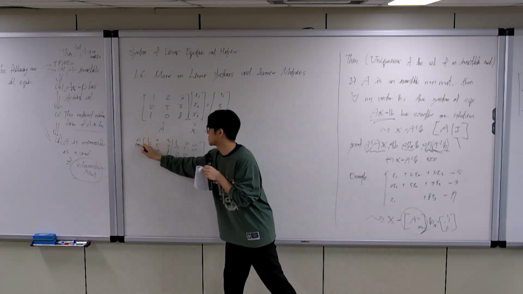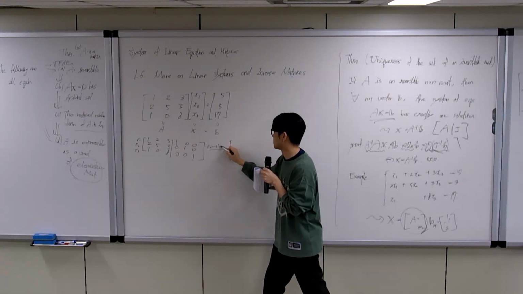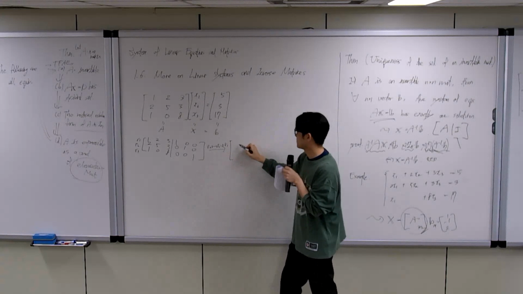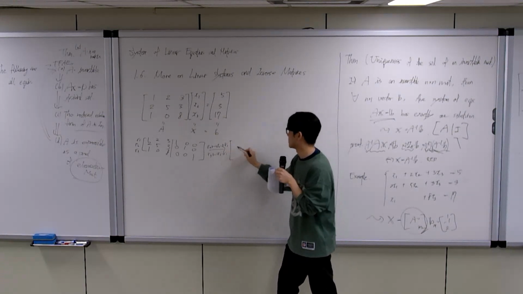First row, second row, third row. So R2 minus 2R1 and R3 minus R1.